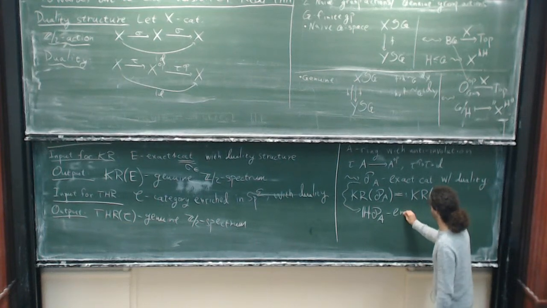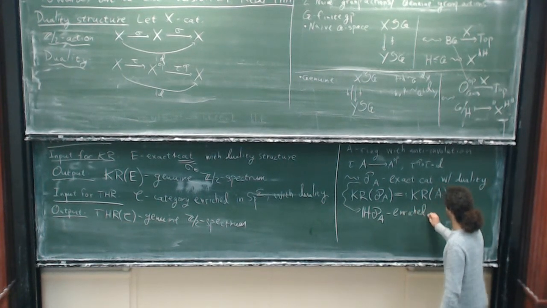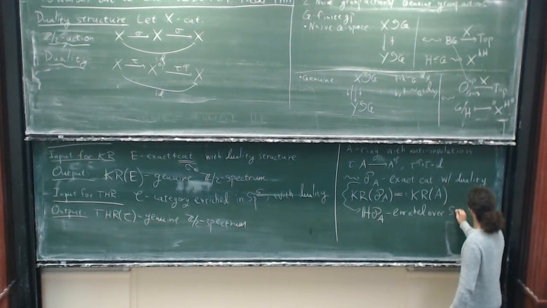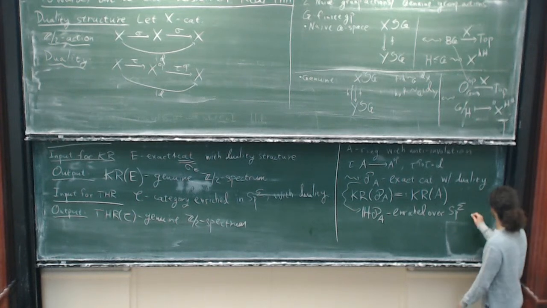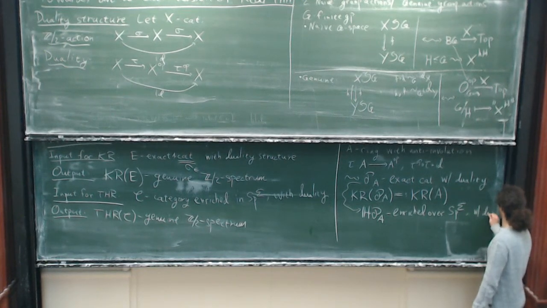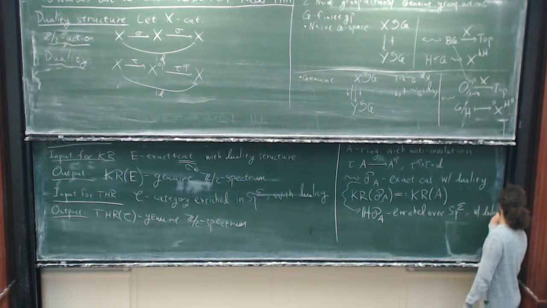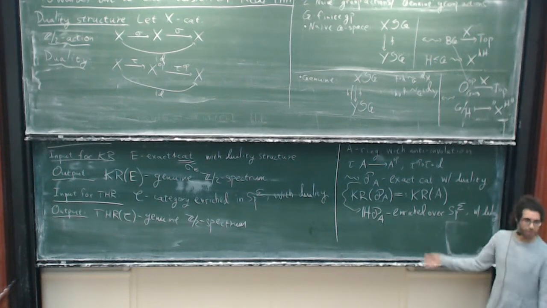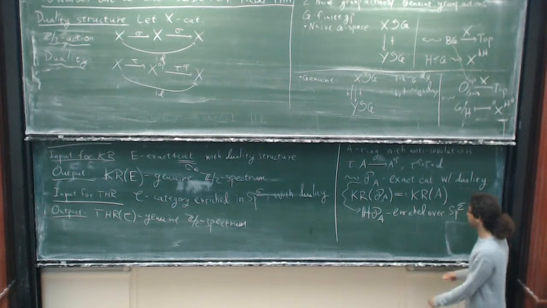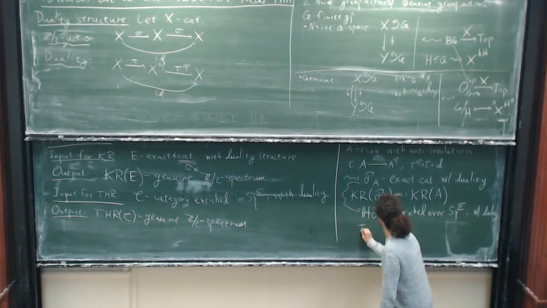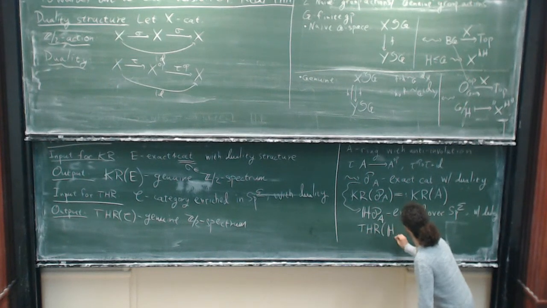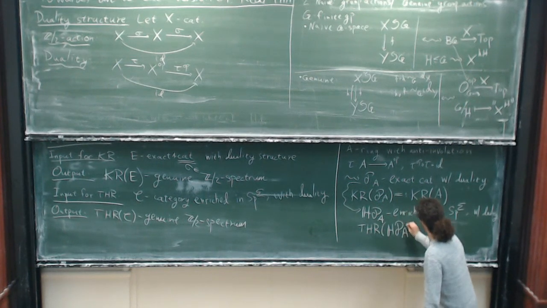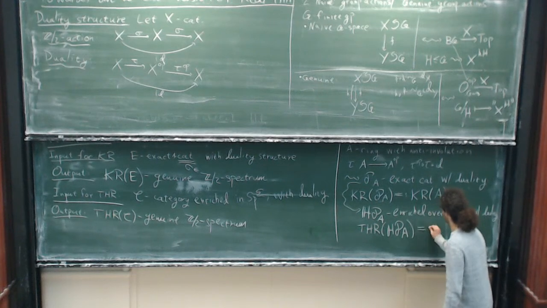So this is enriched over symmetric spectra, and it still has a duality. This remains. So now we can take THR of this category, and this is what we call THR of A.